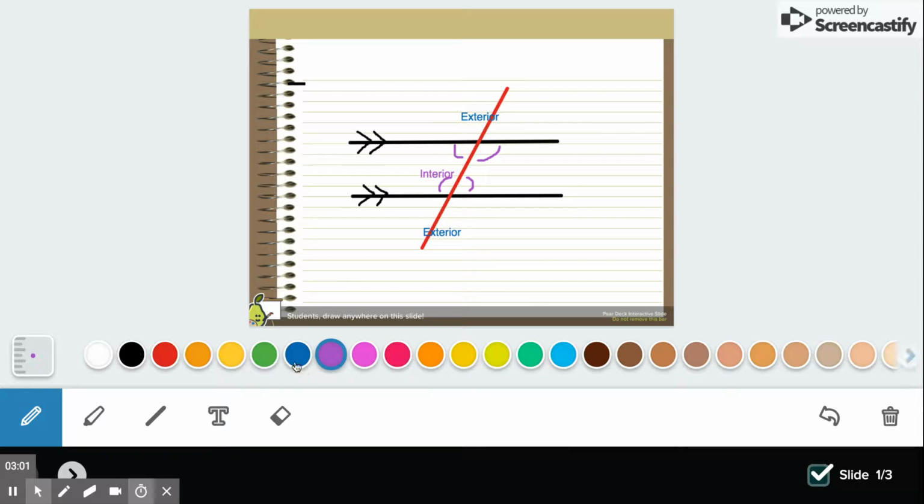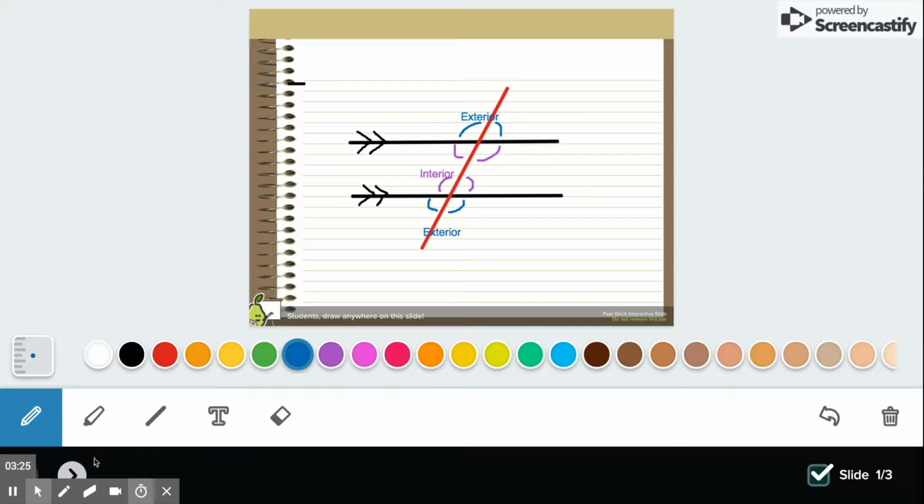And then we can mark our exterior angles just the same way. We have four exteriors, outside of the parallel lines. Okay. So right now we're just labeling interior and exterior.